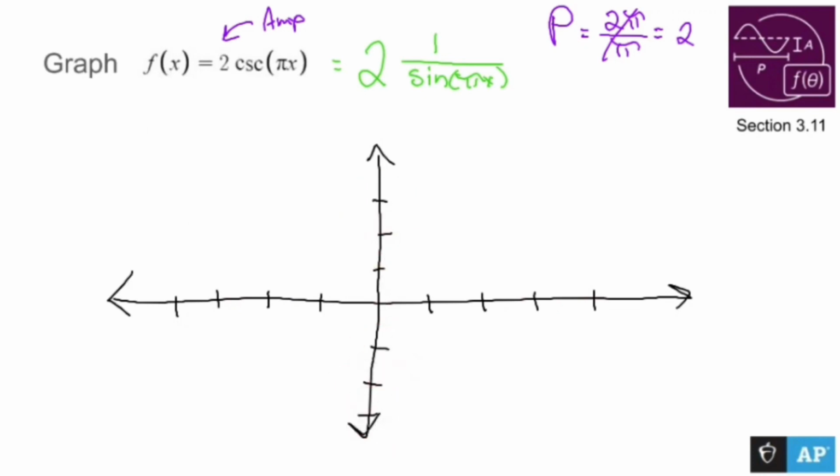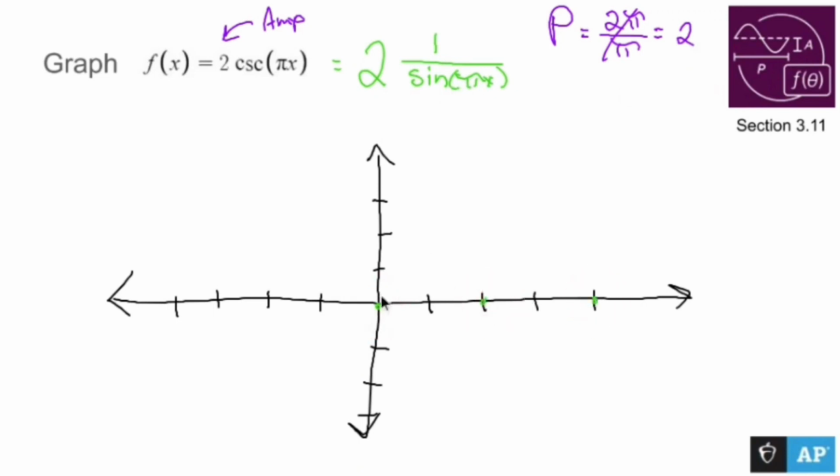All right. So drawing out my rough draft of what this looks like. I have an amplitude of 2. I have a sine whose period is 2. So I start here. Everything repeats.